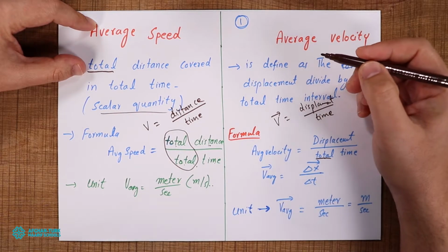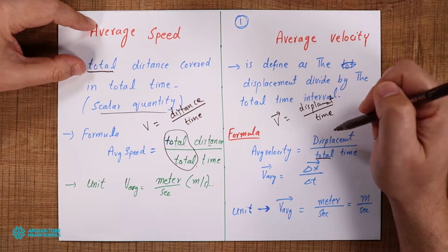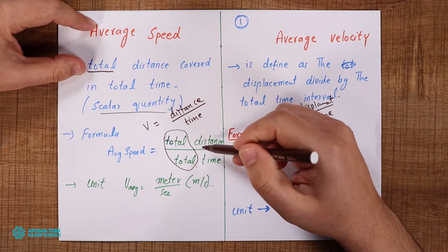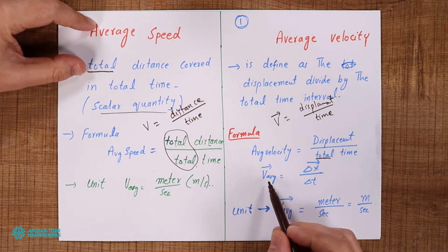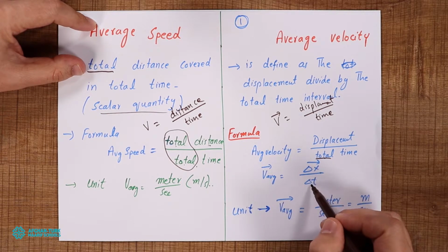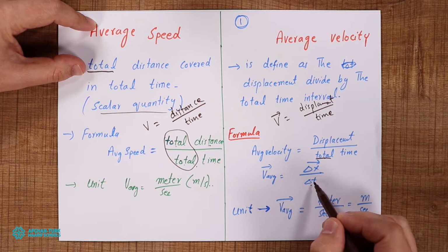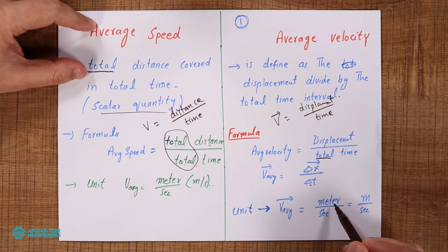We will see in the next page the main difference between total and without total time or distance. The average velocity is represented as delta x divided by delta t. This is the symbolic representation of the average velocity formula, and the unit is the same again, meter per second.